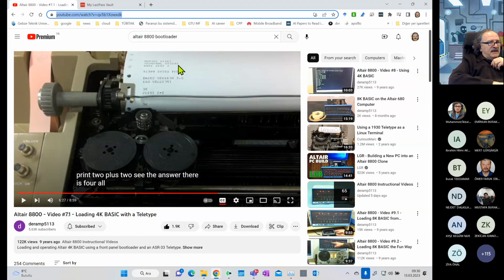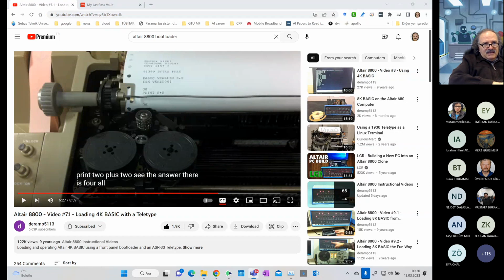Later they added more stuff to this computer, the Altair 8800, and they are more sophisticated input-output stuff, but they are not really as sophisticated as what we are using nowadays. But watch the whole series, and I am going to put the link in here.